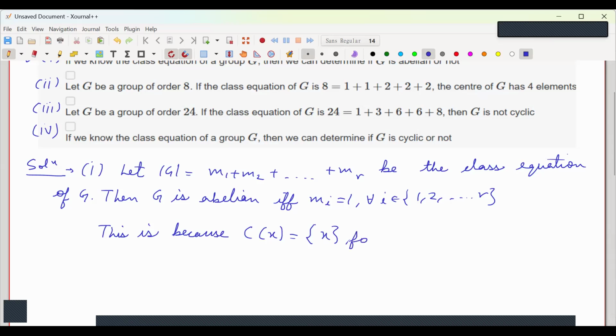This is for some x belonging to G if and only if x is inside the center of G, right? So if you want everything to be singleton, the entire group has to be the center, and thus the group has to be abelian, right?